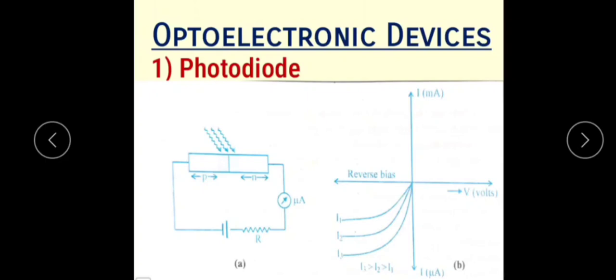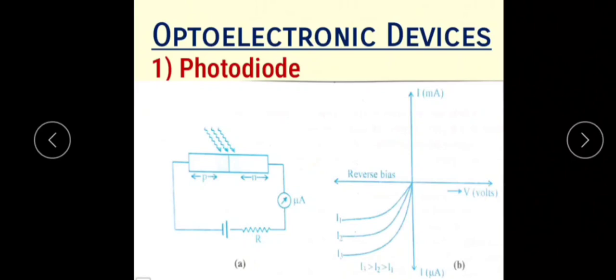If we increase the voltage, we still get a constant current, because the flow of current is independent of this voltage. That is due to thermal energy, and that current we call the dark current.